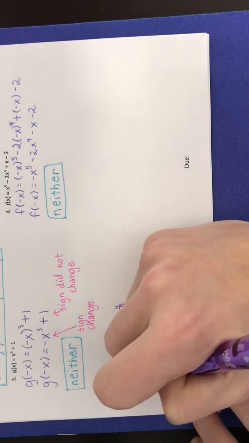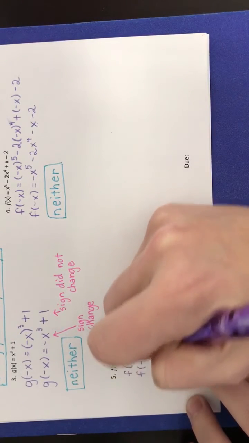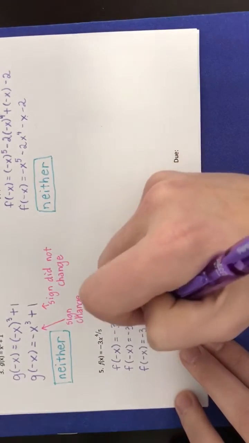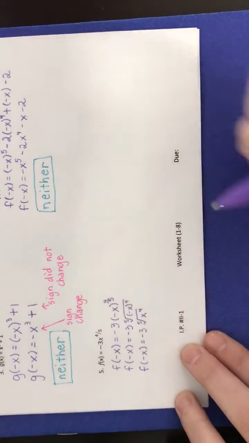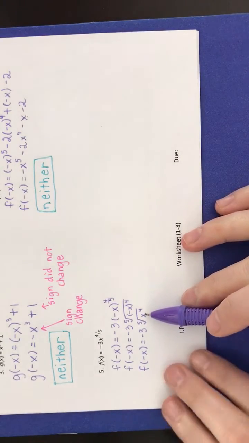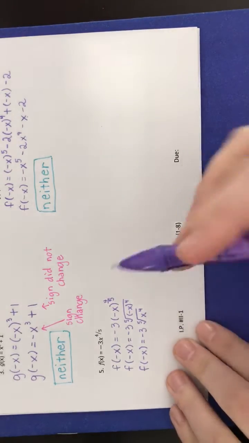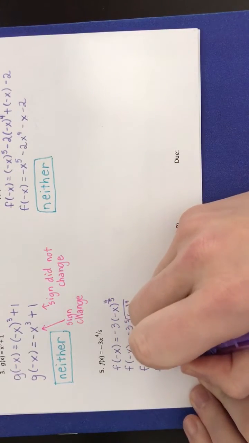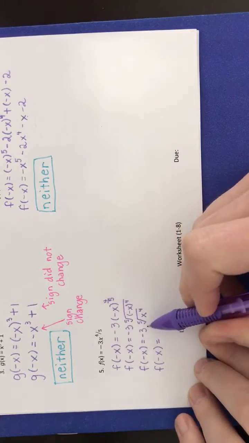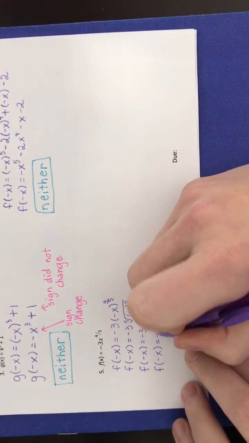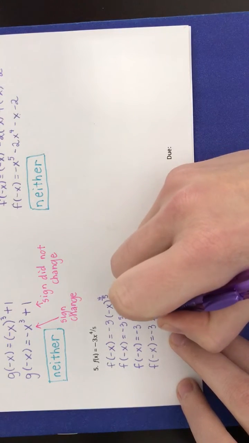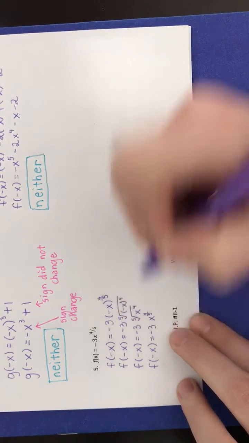Okay, so in other words, f of negative x equals negative 3 times the 5th root of x to the 4th, correct? Even power, this will turn positive. Okay, so if you convert back, just so you can see how it's changed based on the original problem, this looks like negative 3 x to the 4/5.